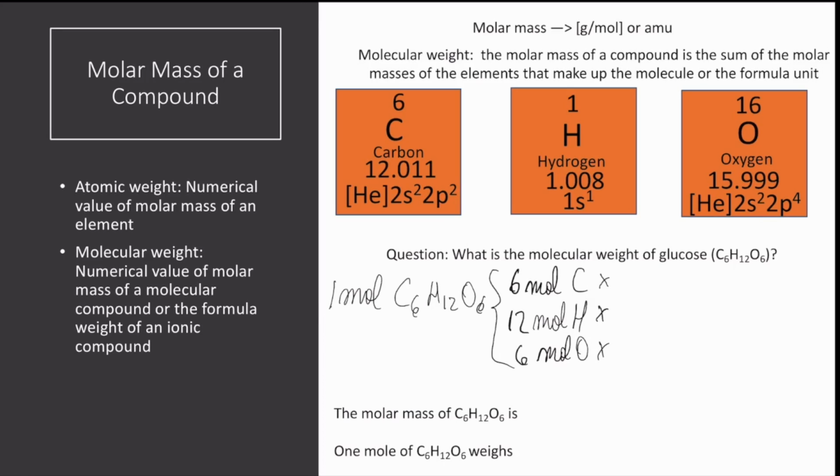So for the case of carbon, the atomic weight is 12.011 grams of carbon per mole of carbon. So multiplying this gives 72.066 grams of carbon. For hydrogen, the atomic weight is 1.008 grams of hydrogen per mole of hydrogen.